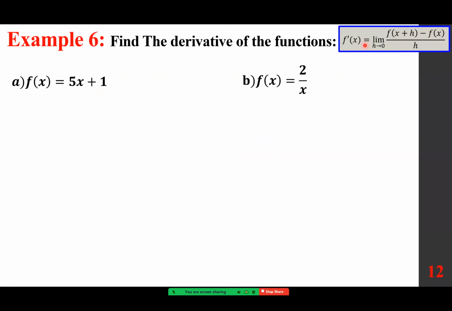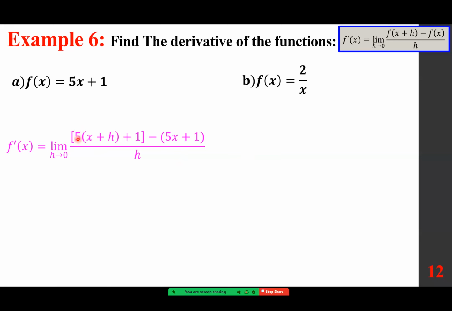If we use that, the top is 5 times x plus h plus 1 minus 5x plus 1. That's what we are taking the limit of. All we have to do is simplify using algebra.